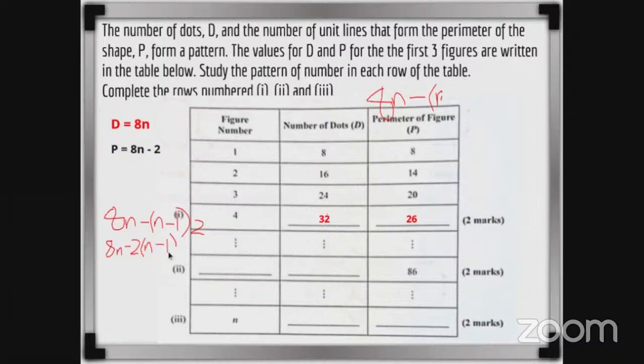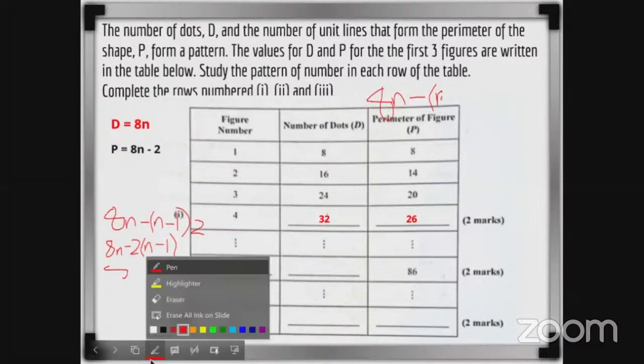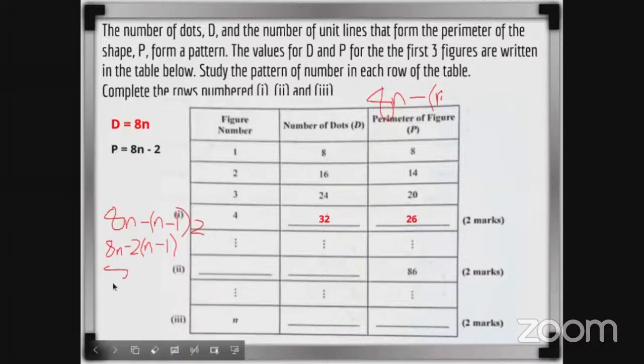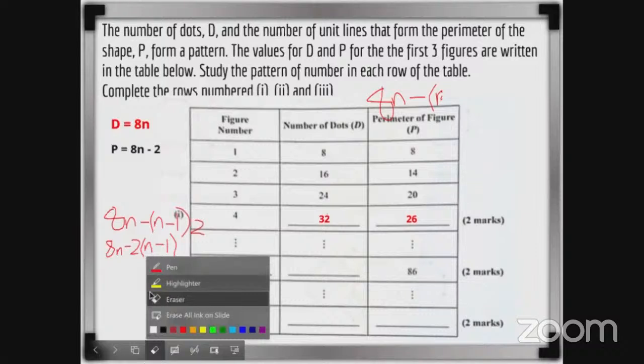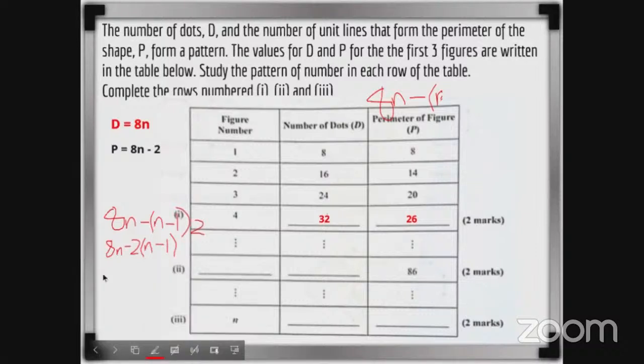Everybody seen that now? And then we can definitely simplify the expression even more to make it easier to use, because we have to go figure out what term and the number of dots.